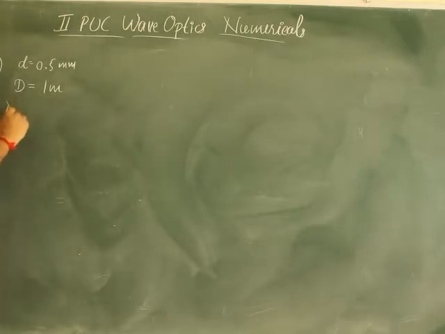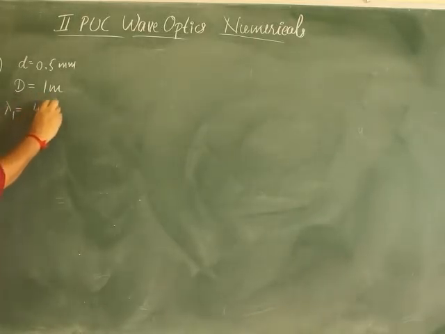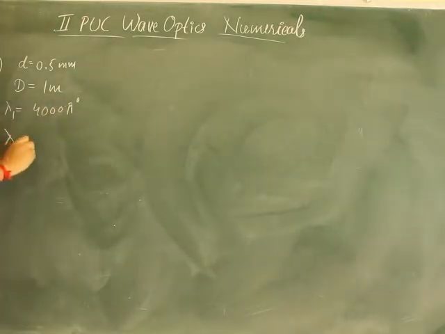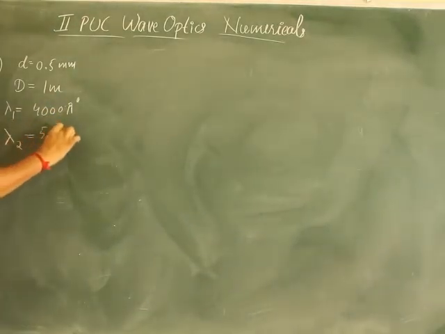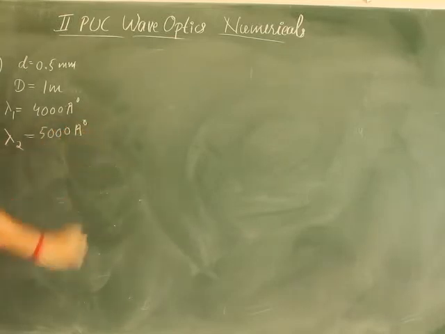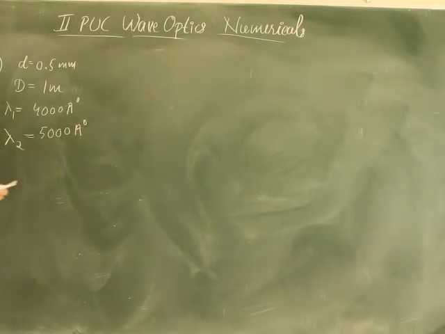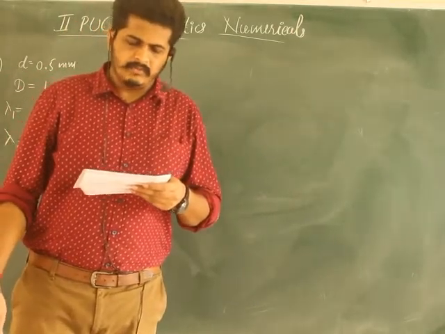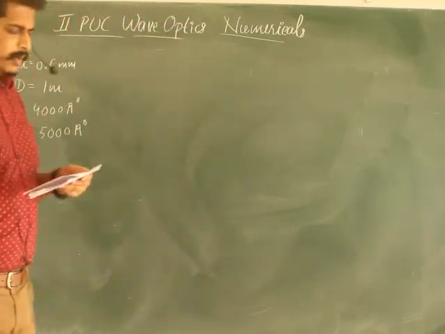That is, lambda 1 is equal to, how much is that? 4000 angstrom, and after that one more is used, 5000 angstrom. What is the linear separation on the screen between the fifth dark fringe of the two patterns produced by the two wavelengths?